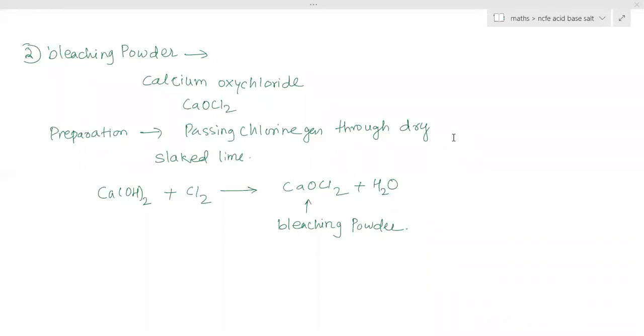The main function of chlorine gas is to bleach the clothes, so instead of using the gas directly, we use its compound, bleaching powder, which, when it combines with water, releases chlorine gas, and that actually performs the bleaching.